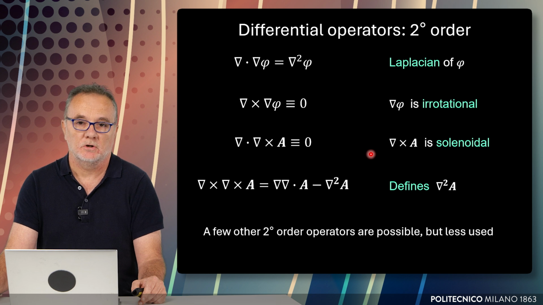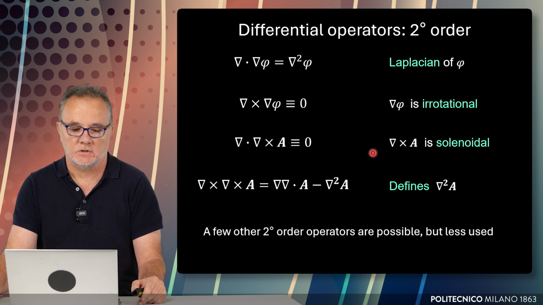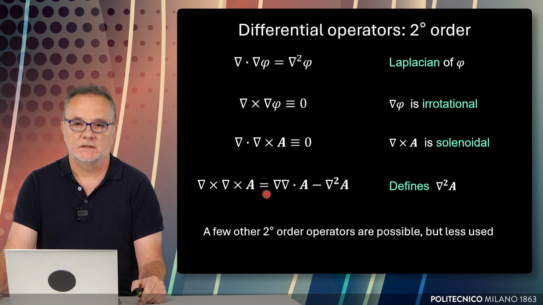For this reason, the curl of A is solenoidal. Then we can also have the curl of the curl, which is a second-order operator that can be written as the gradient of the divergence of A minus the Laplace operator applied to the vector field A. This can be seen as the definition, independent of the coordinate system, of the Laplace operator applied to a vector field.